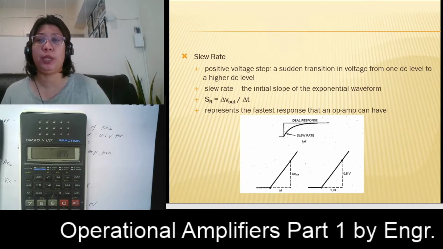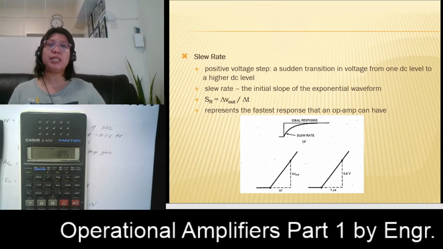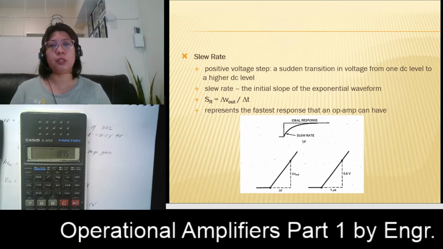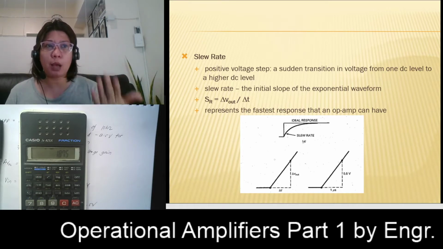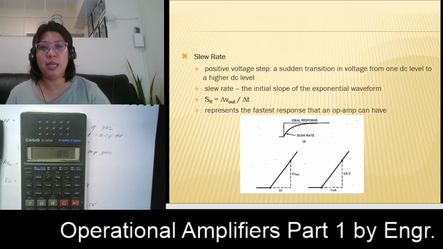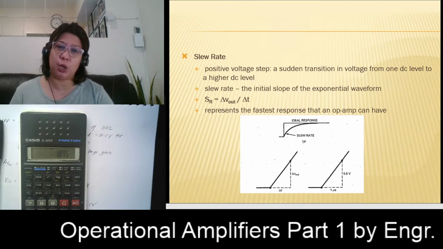How fast? This represents the fastest response that an op amp can have. For example, you change your input voltage from 0 to 5 volts. So how fast can your output respond to that change? For ideal, once I have a 0 input, I have a 0 output, and when it is 5, it is already equal to 5.